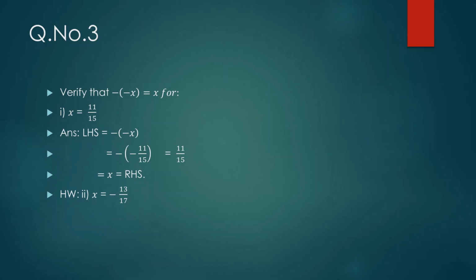What is x? x is given as 11/15. So put the value there. So -(-11/15) is equal to +11/15, isn't it? Minus minus plus. So the answer we are getting is 11/15. That is our x, which means LHS is equal to RHS, proved.